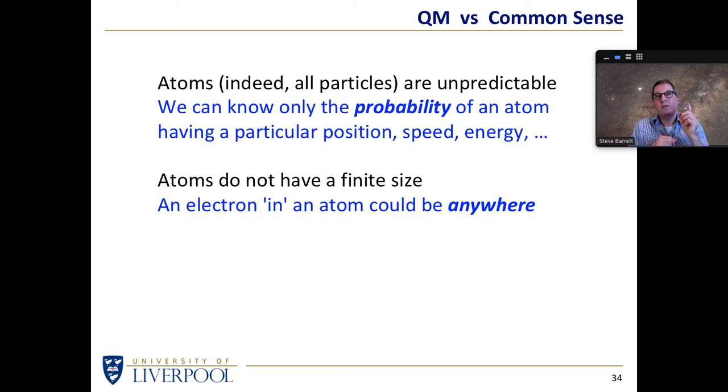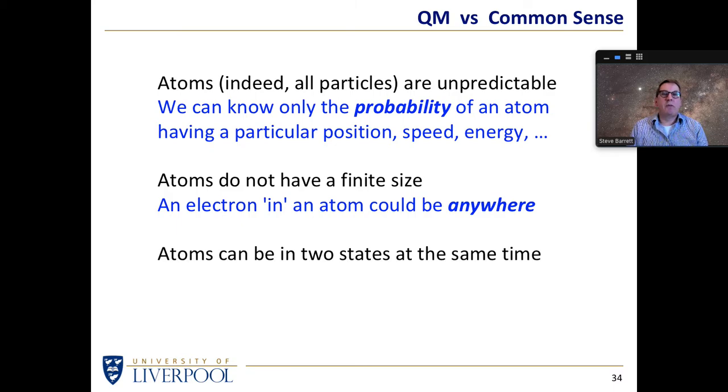But it might not be. So we can't, strictly speaking, say that the atom is small. All we can say is the electron is probably fairly close to the nucleus. So the likelihood is that most of the electrons would be found fairly close to the nucleus, but we can't talk about absolutes. And again, this causes some people problems.